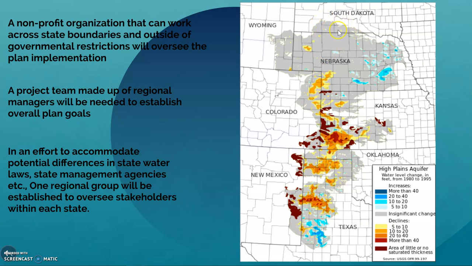The other thing is that because this covers such a wide area of territory, the South Dakota weather patterns and usage are probably going to be a lot different than obviously Texas. And that regional approach will allow for the differences in the weather patterns and the recharge rates. The population of South Dakota is also much less than the Dallas area, or even Colorado or New Mexico. That would allow for much more specific targets within those areas that are going to make the most difference.